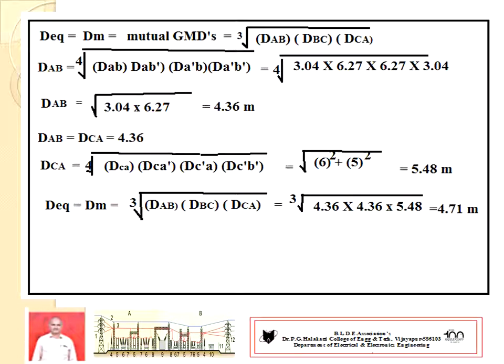Dca is the 4th root of Dca, Dca dash, Dc dash a, Dc dash b dash. You go for 6 square plus 5 square, so it becomes 5.4 meter. So D equivalent equals Dm. Therefore, under the cube root of all these values, we get around 4.71 meter.